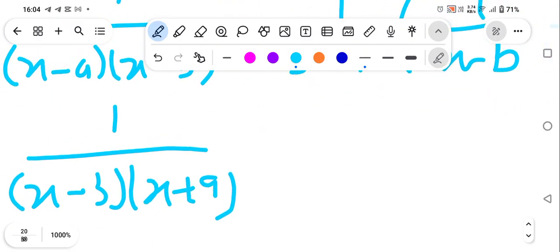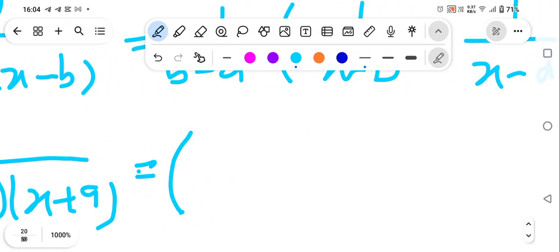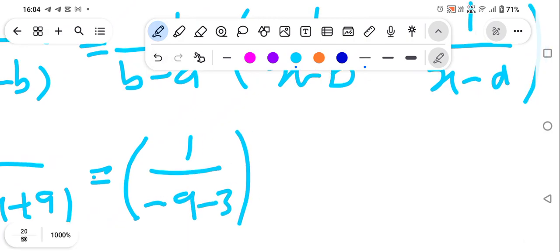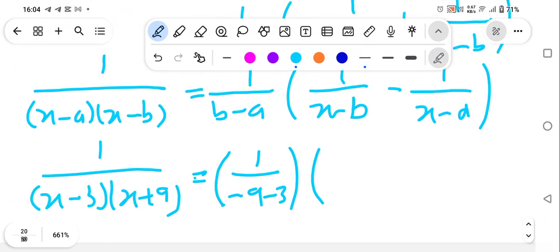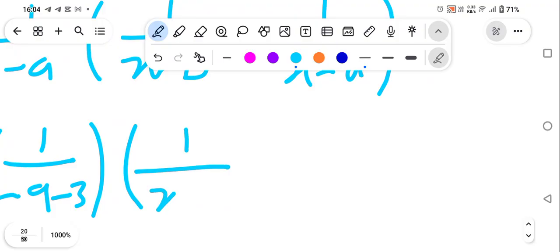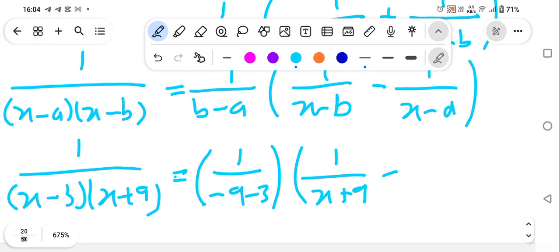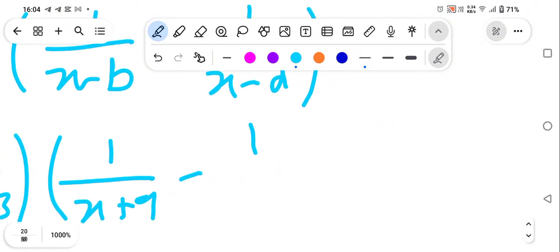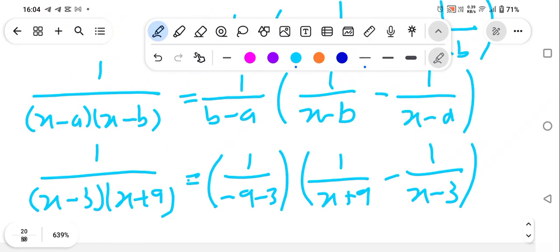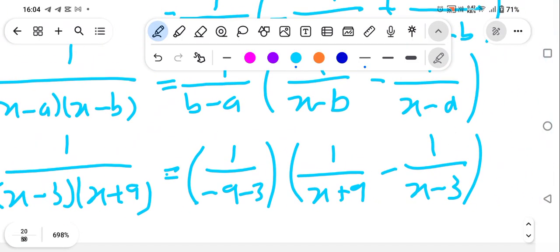So b is negative 9 and a is 3, so this will be equal to 1 over negative 9 minus 3, and then x minus b, which is 1 over x plus 9, and then minus x minus a, which is just 3, so 1 over x minus 3. So negative 9 minus 3 will be negative 12.